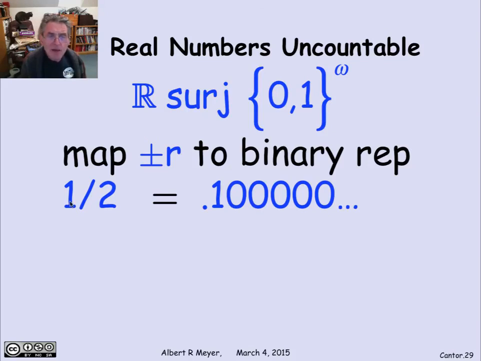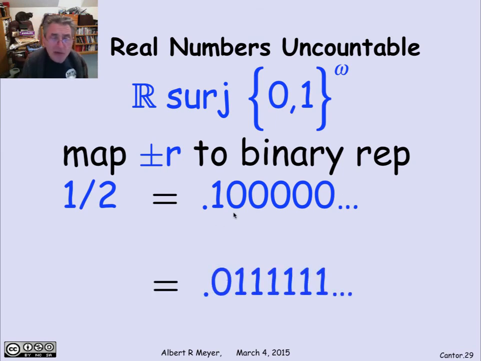There's a problem with mapping to things that start with 0, because let's examine that a half is 0.10000, so I would map it to that, but there's an ambiguity, because a half is also equal to 0.011111.